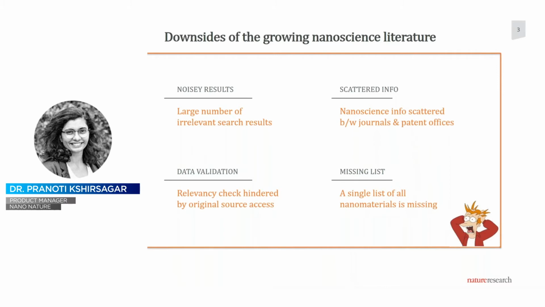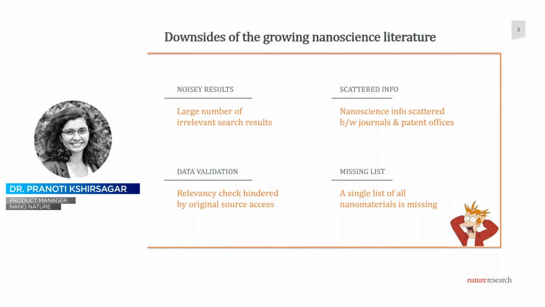And all of this leads to the fourth pain point, which is the missing list. This essentially means that there is no one place where all the information about the field, or about nanomaterials for example, can be found, such as how to synthesize nanomaterials, how to characterize them, the biological effects, so everything about nanomaterials.